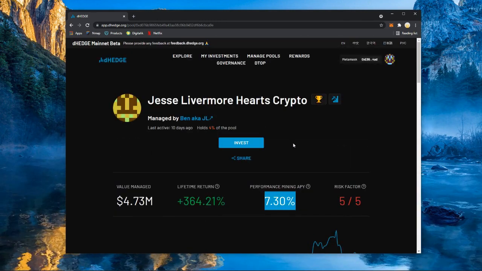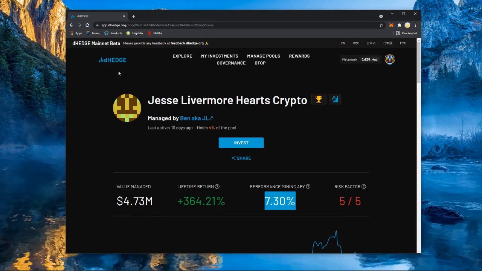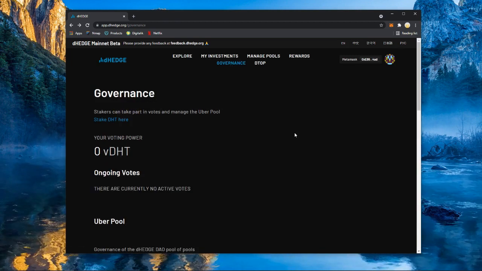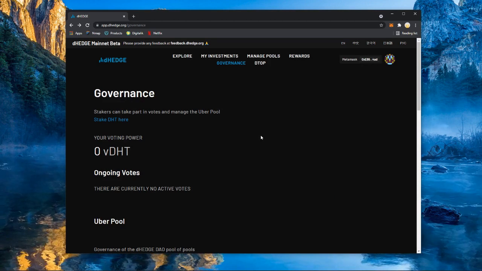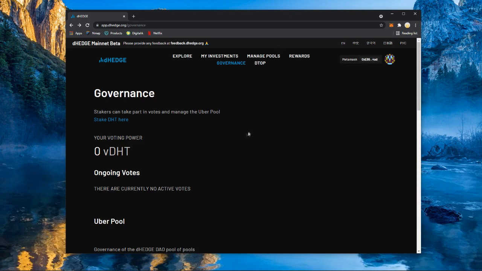Like the Compound token, the DHT token is the DHedge token and is also used similarly in governance. This is one similarity you'll find with many decentralized applications, that they have a token that is used in a voting mechanism for what they change.